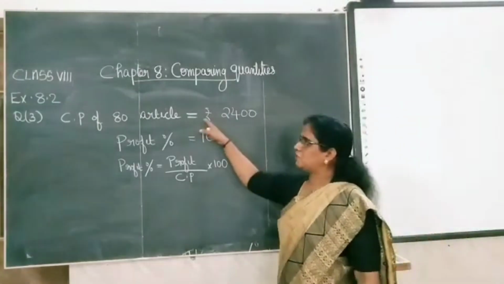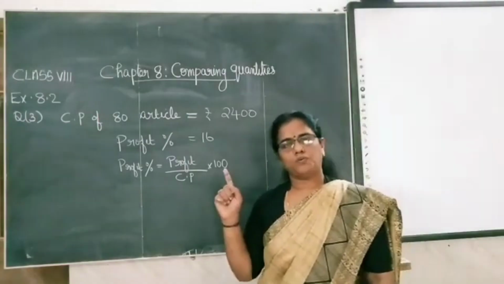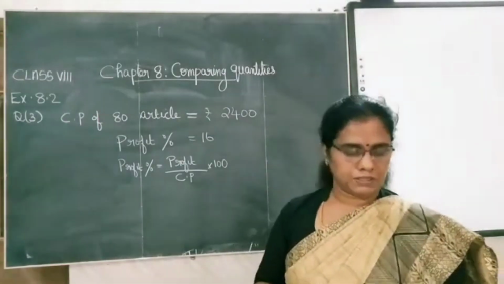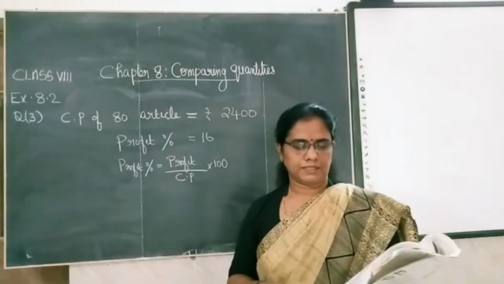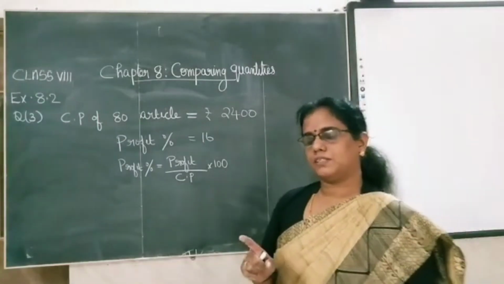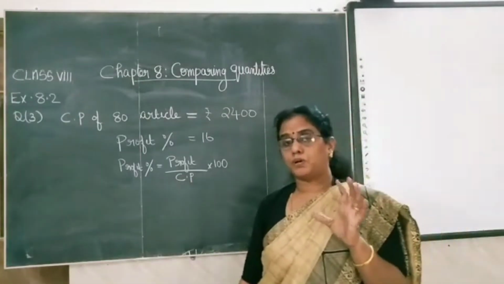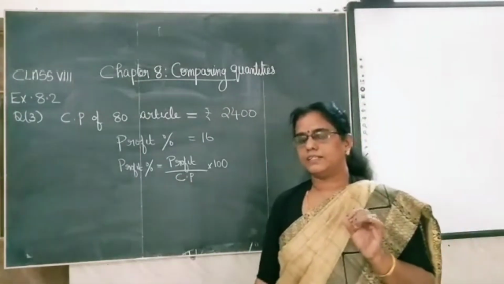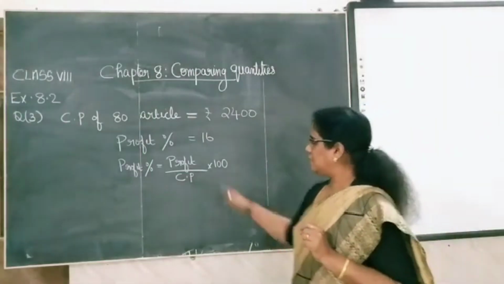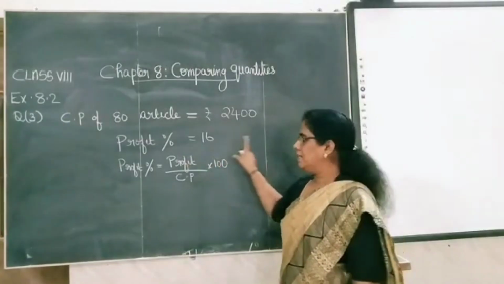So here cost price of 80 articles is given, rupees 2,400, and also the profit percentage is given, that is, sells them at a profit of 16%. Profit is given as 16%, that means it is not the profit, you don't take 16 as profit; it is given in percentage, that means profit percentage is given as 16.